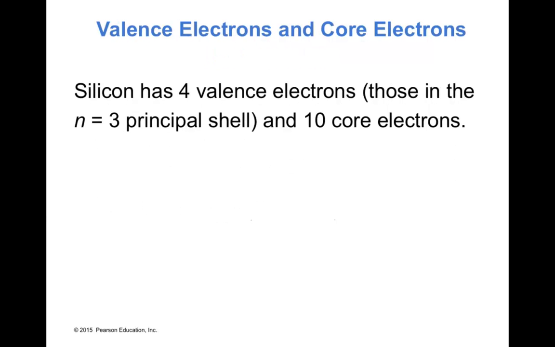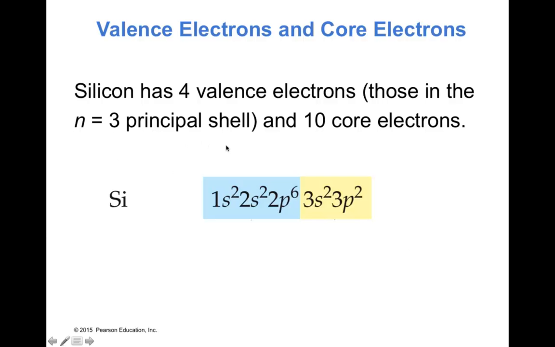Let's see an example. Silicon has 4 valence electrons, those in the n equals 3 principal shell, and 10 core electrons. So here we have the electronic configuration for silicon. Also, we can abbreviate this by using the configuration of neon, and then 3s2, 3p2. But for now, we just write the whole electronic configuration to show you that these ones in blue are the core electrons.